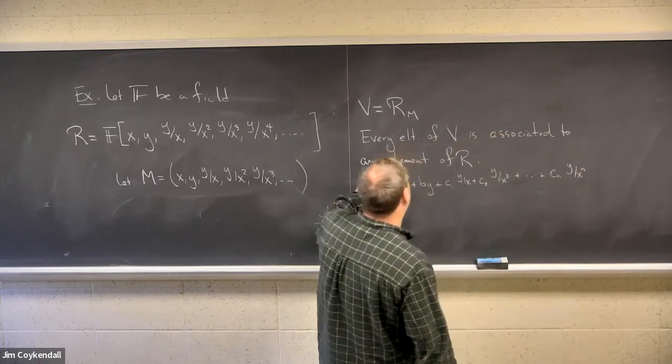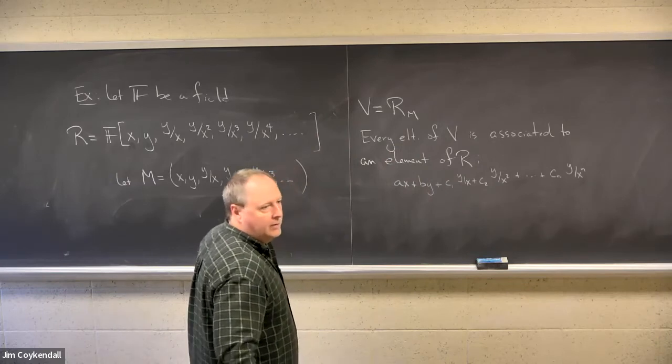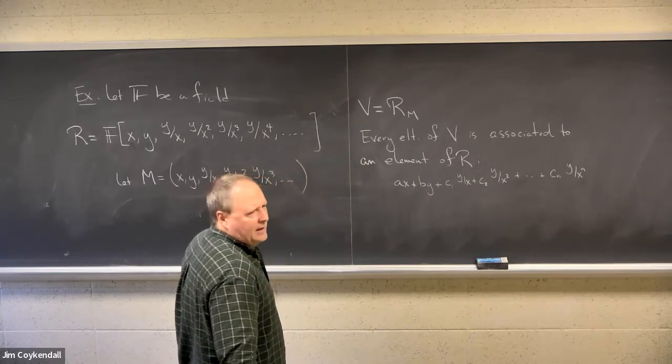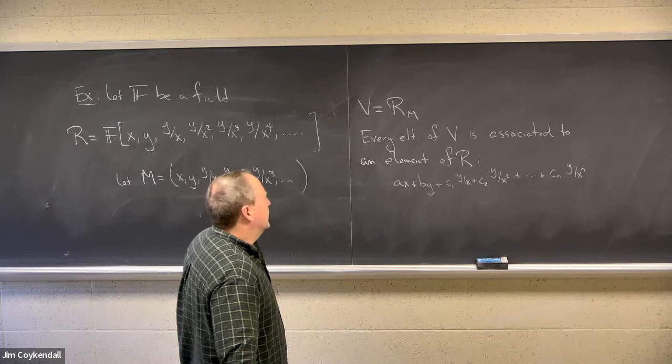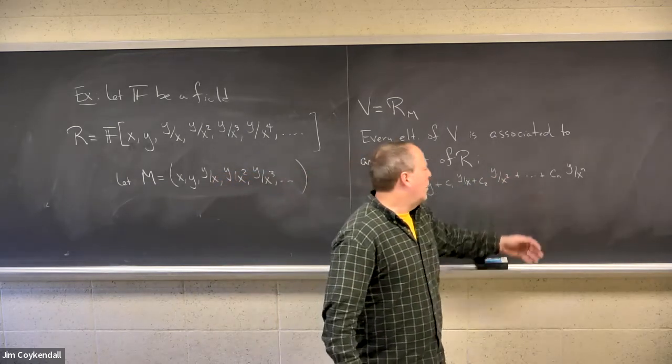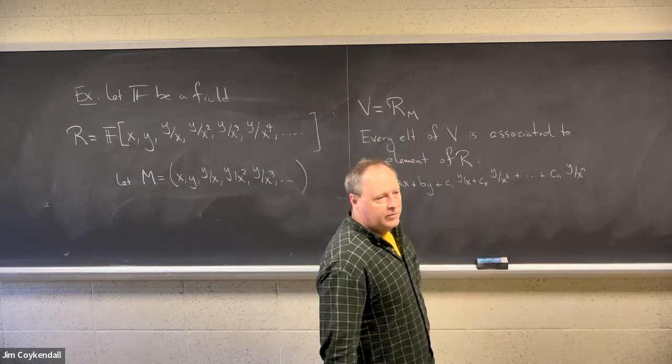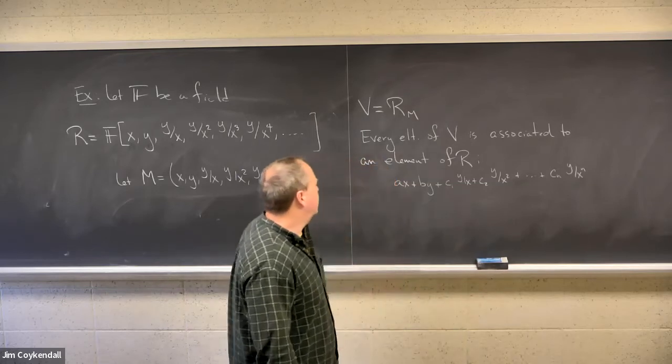Well, this isn't a typical element because of course you've got products in there too, right? You have things in there like xy, and you have y squared over x to the fourth and y squared over x cubed and so on, right? But let's just look at this.